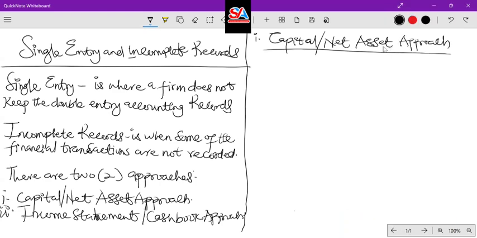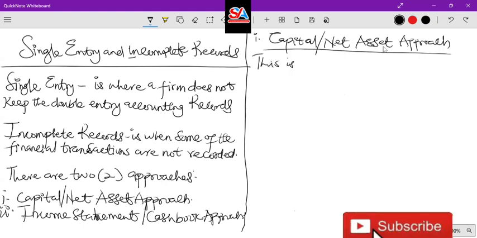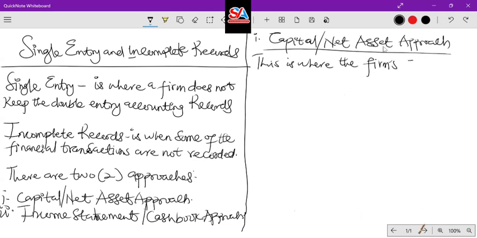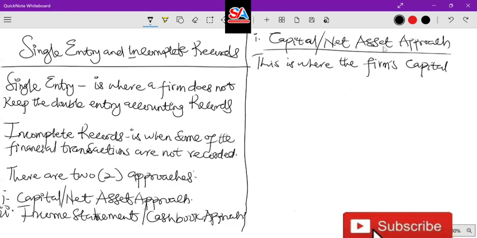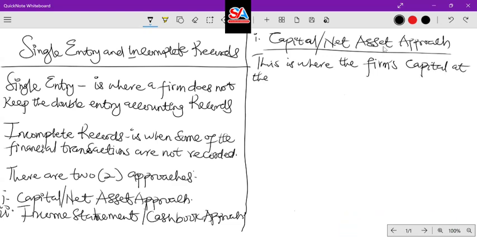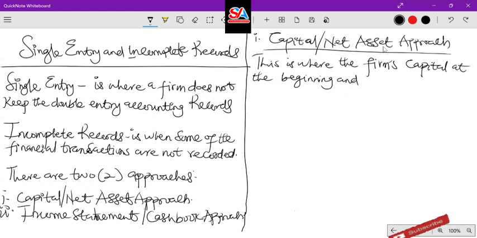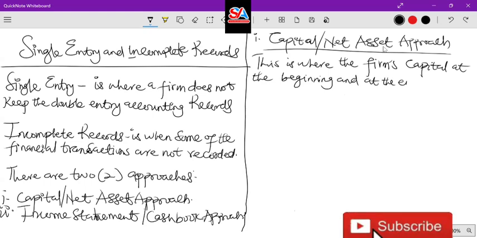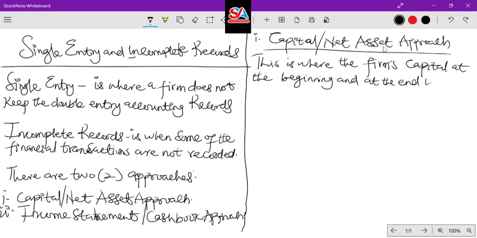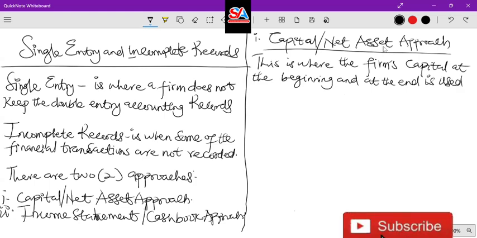So the capital or the net asset approach.